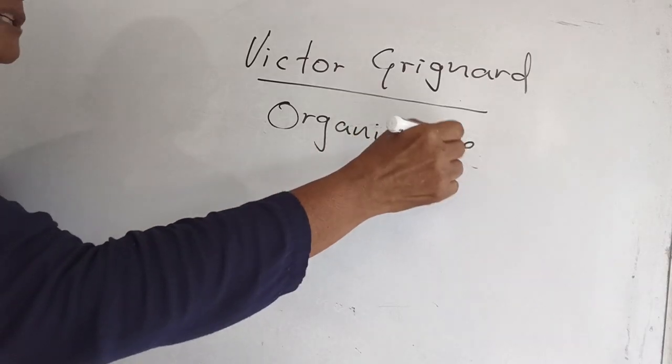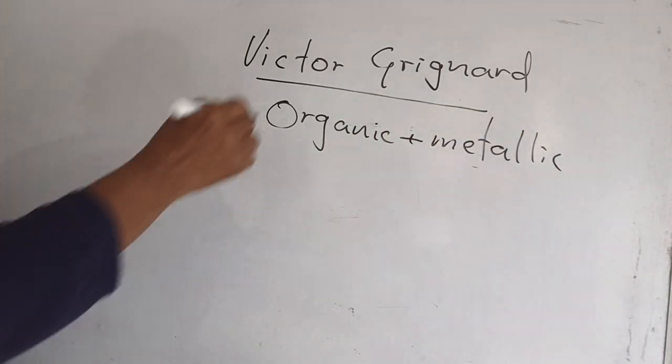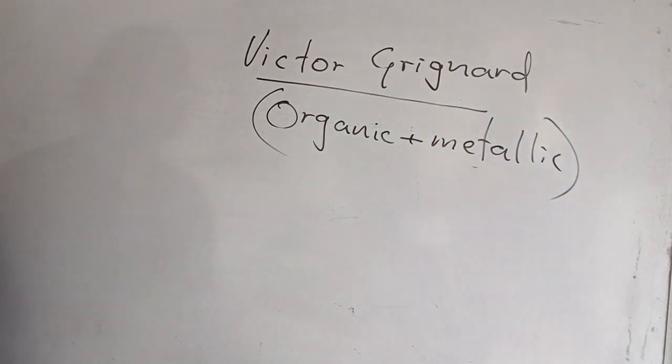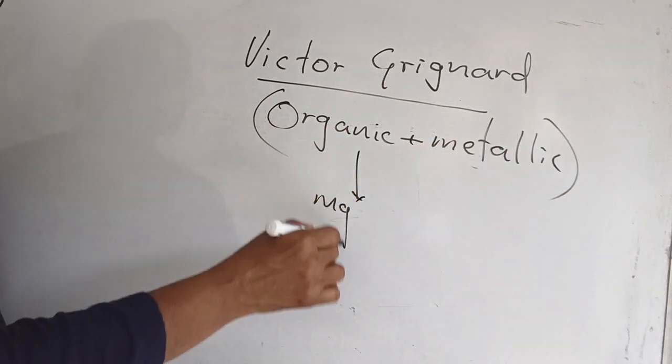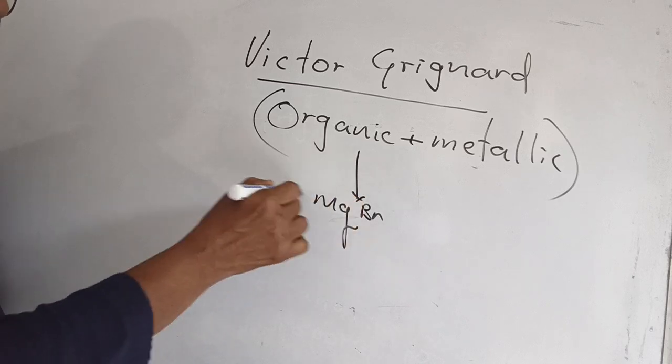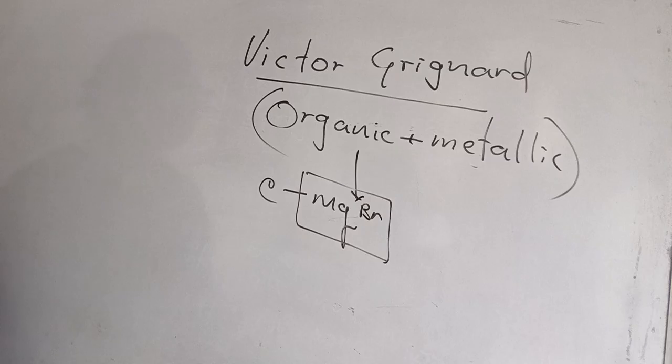Organic plus metallic, so we call it organometallic synthesis. The organic part is combined with the metal, magnesium, with the bromine attached to the carbon atom. So this is the basic part of this organic synthesis based on the Grignard reagent.